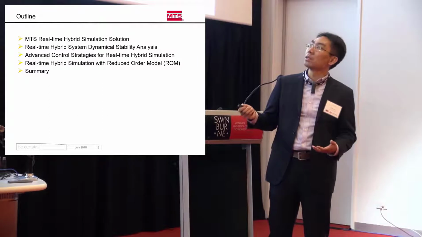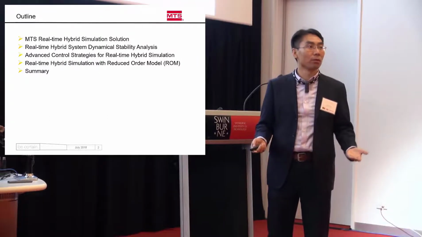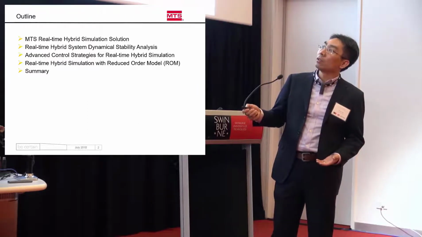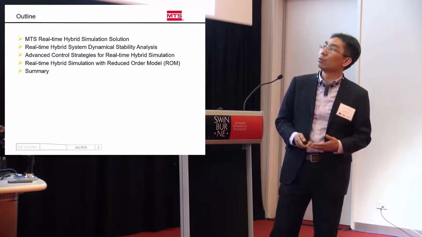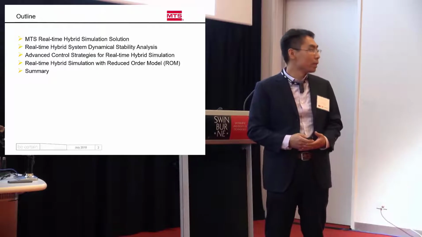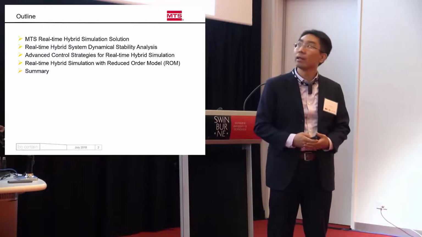The real-time hybrid system has some other challenges in addition to the tuning. In order to tackle that challenge, we do need some other advanced control strategies to make real-time hybrid simulation a reality.